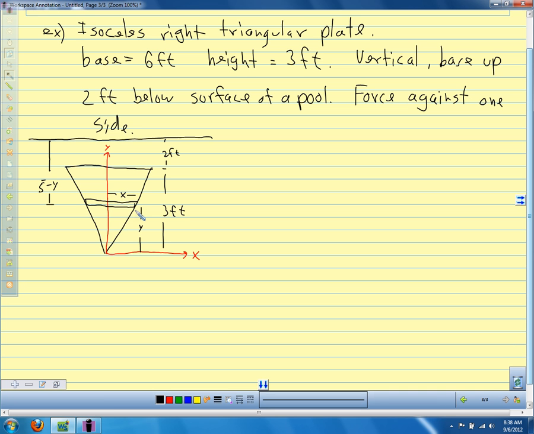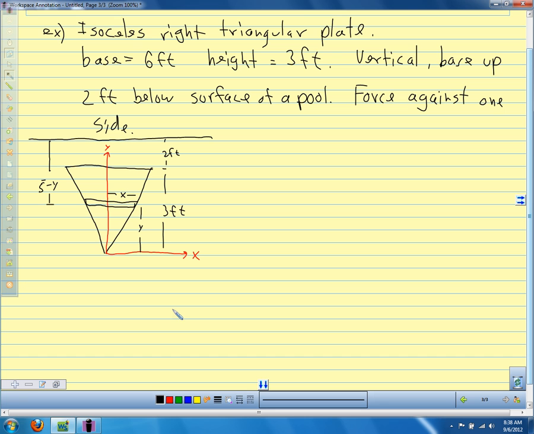Anybody have an idea? Use the area equation. We could do that. Set up a ratio. I think I like that one a little better. Anybody think even simpler? What is the relationship between the y value and the width? Right.